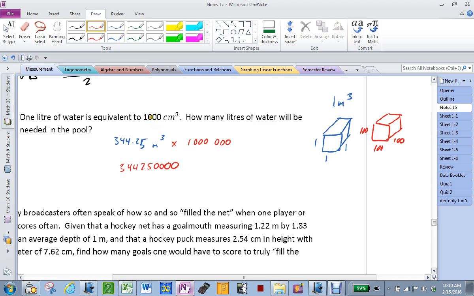And now, what do I got to divide by? 1,000. Cut off 3 zeros, cut off 3 zeros, and that's what's left. 344,250 liters. That's a lot of little Coke bottles. Everybody cool?